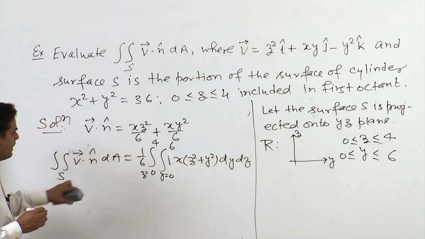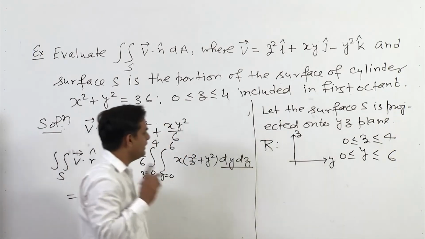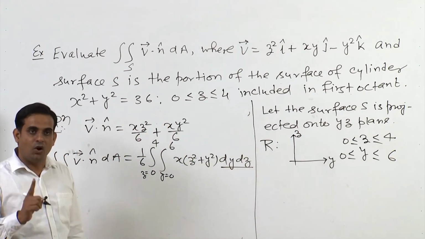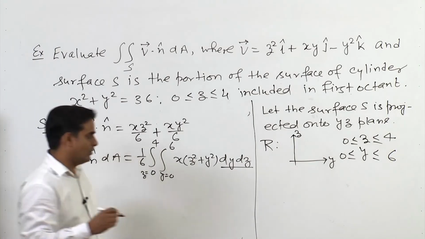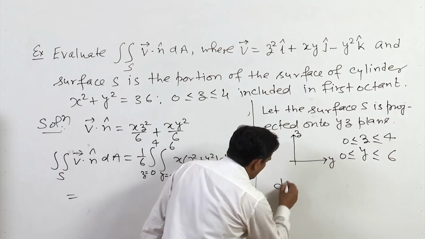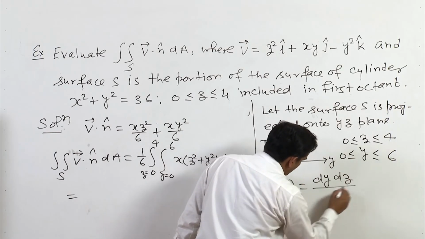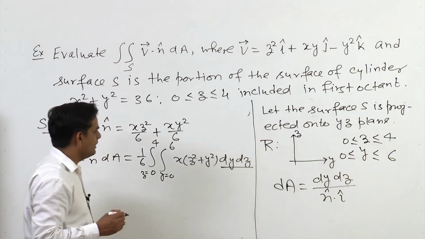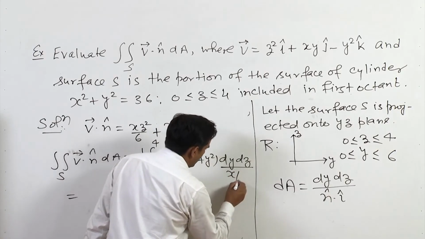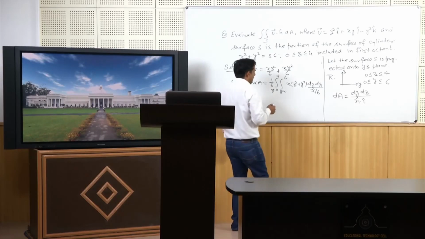Then dA is dy dz upon n dot i, because you are projecting on the yz plane. And what is n dot i? n dot i is x upon 6, the i component of the normal vector n.